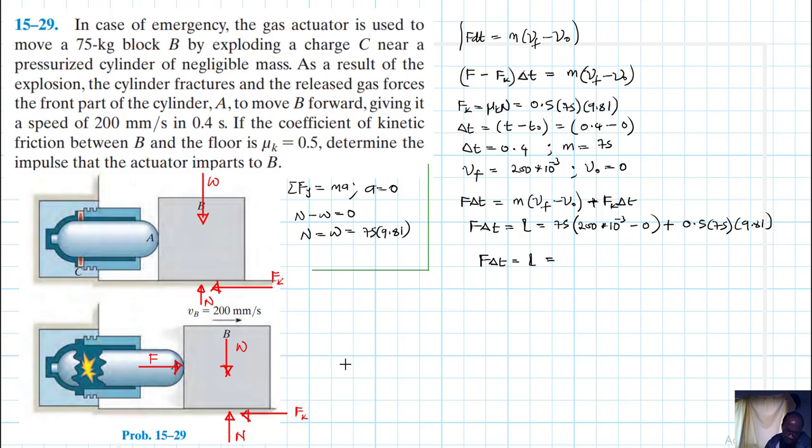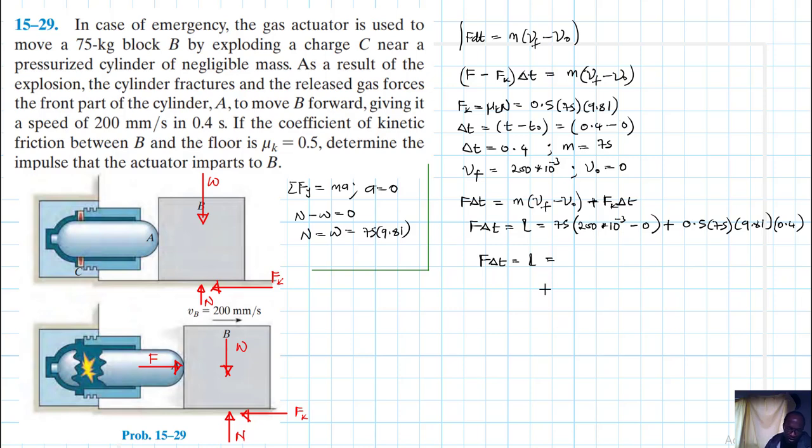I equals 75 times 200 times 10 to the power negative 3, plus 0.5 times 75 times 9.81 times 0.4.